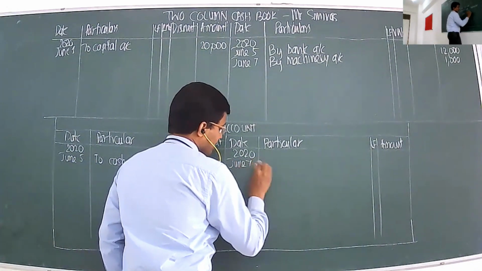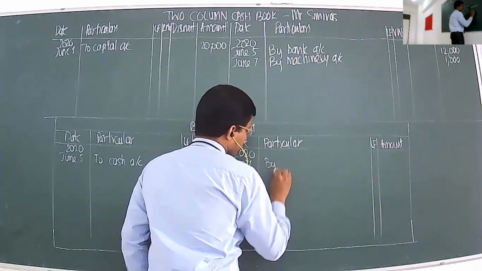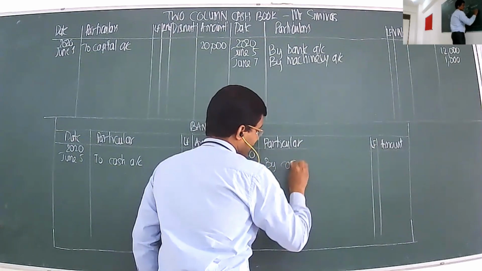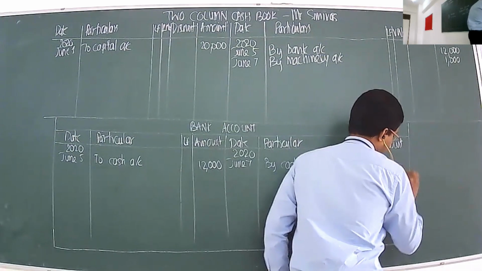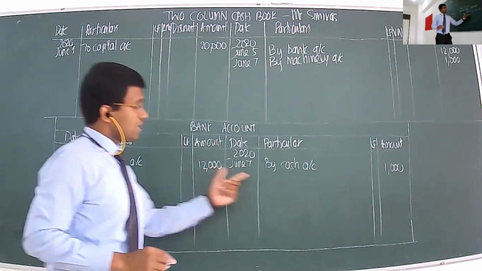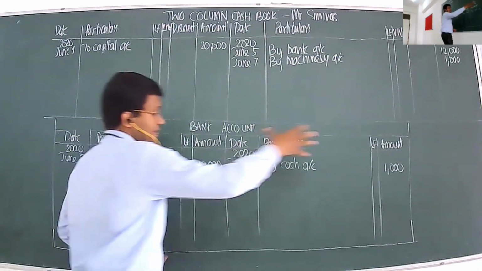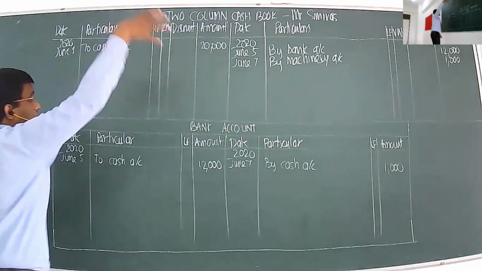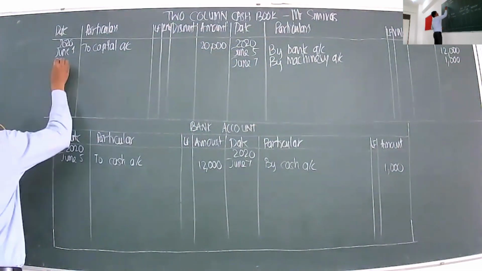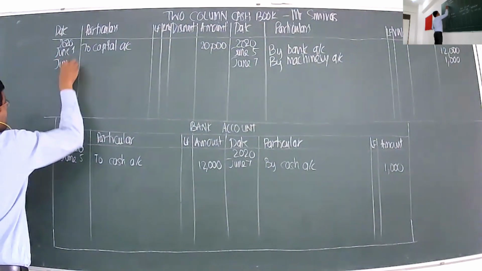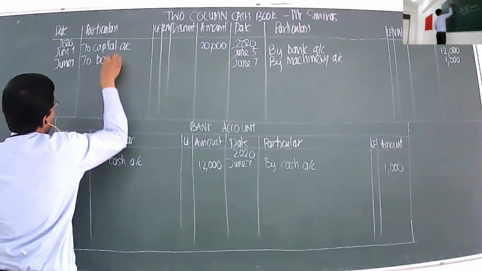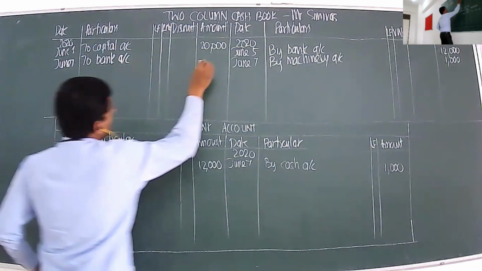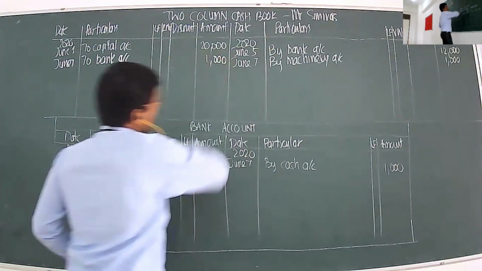So June 7th, by cash account, rupees 1,000. This cash is coming into the business. To bank account, rupees 1,000.